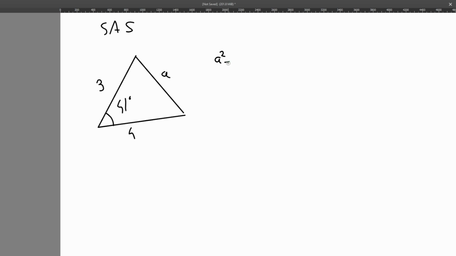A squared is equal to 3 squared plus 4 squared minus 2 times 3 times 4 times cosine of 41 degrees.